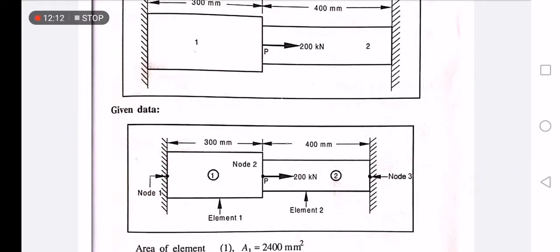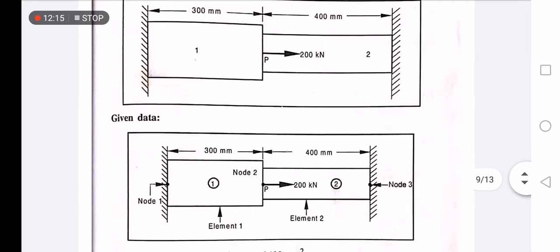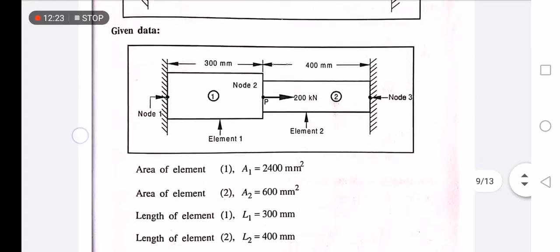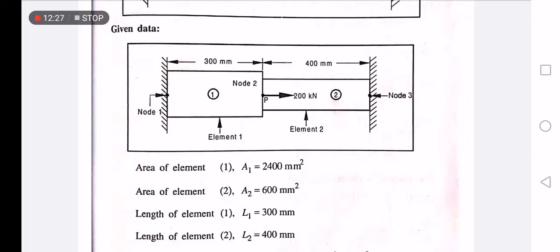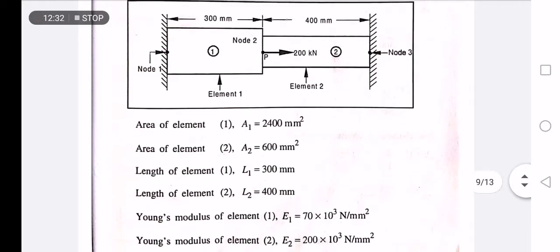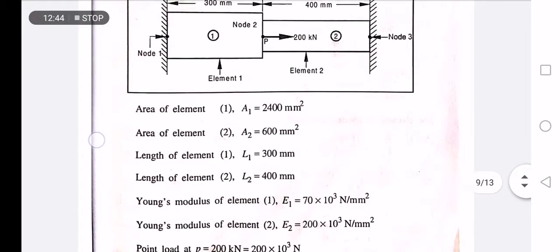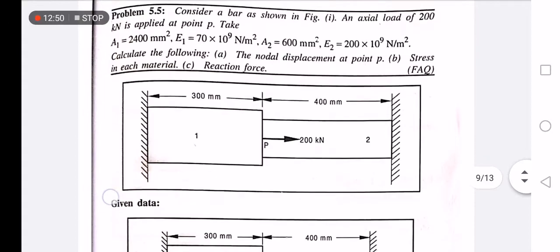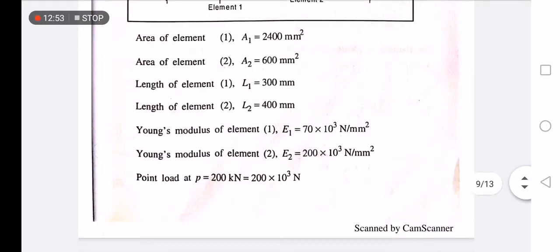When a problem is given, the first step is to mark the elements and nodes. The element 1 and element 2, and there are three nodes, node 1, node 2 and node 3. Given that area of element 1 is 2400 mm square, area of element 2 is 600 mm square, the length of element L1 is 300 mm, L2 is 400 mm, and Young's modulus of element 1 is 70 into 10 raised to 3 Newton per mm square, and Young's modulus of element 2 is 200 into 10 raised to 3 Newton per mm square.